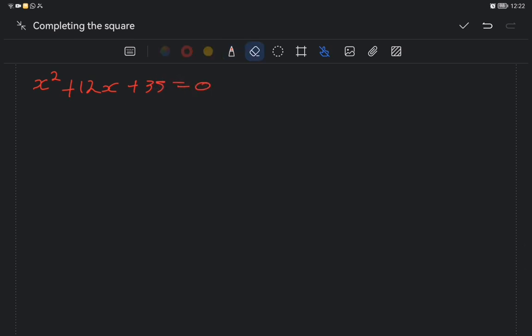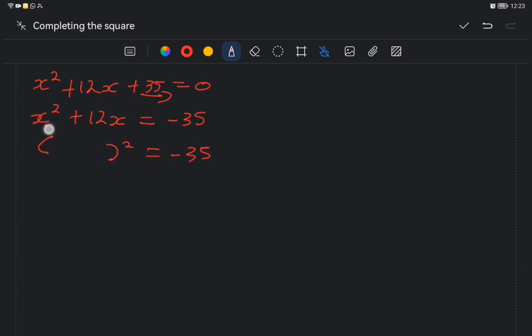That's 35, by the way. Same thing, take the number to the right hand side. So x squared plus 12x is equivalent to negative 35. Then we open two brackets and square them and keep what's on the right the same. So negative 35.